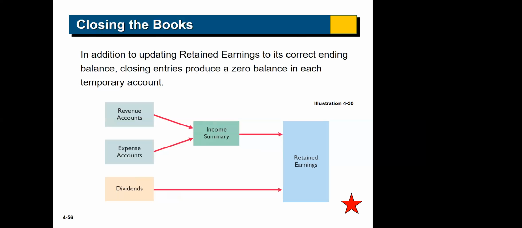And what you do is you take that amount that's left in income summary and you move it to retained earnings. And then income summary becomes 0 and you carried over your retained earnings amount. And then dividends does not run through income summary, it goes directly to retained earnings. So we're going to go through the whole process of how we do all of these, right?